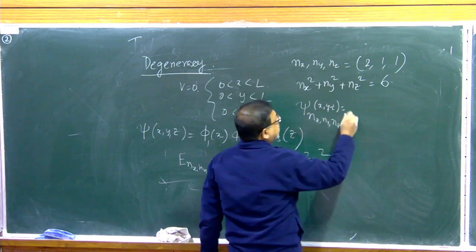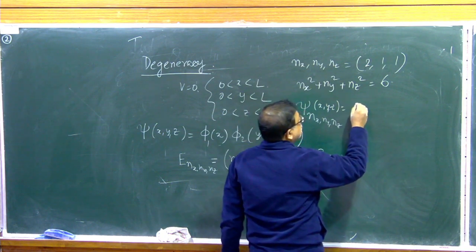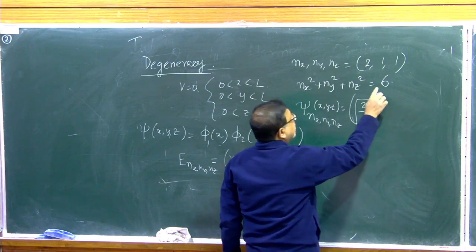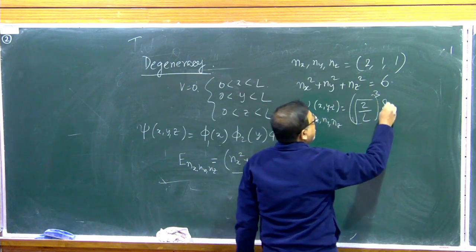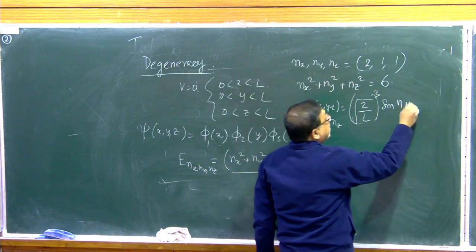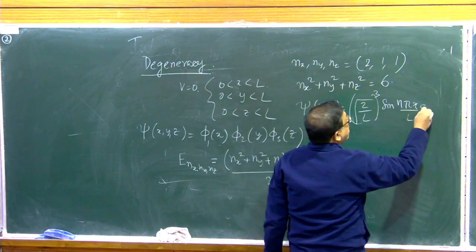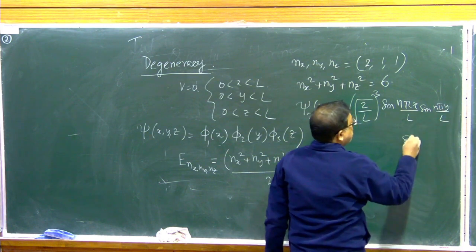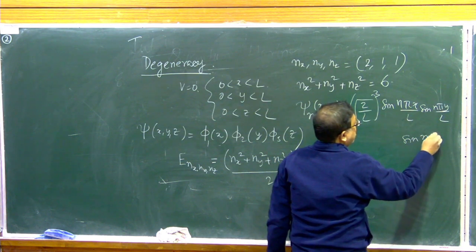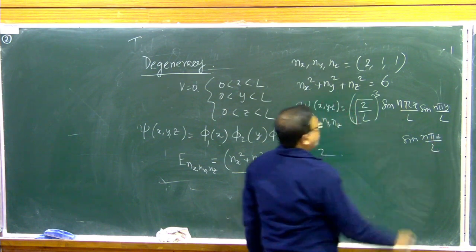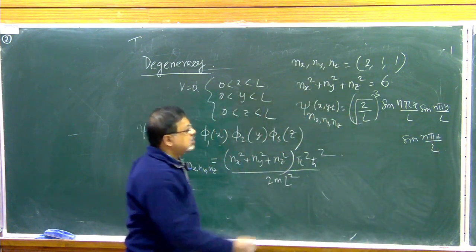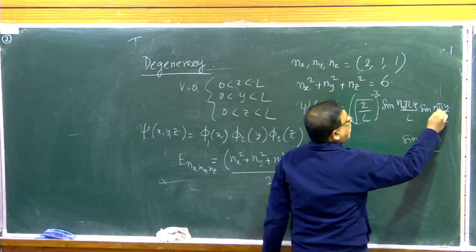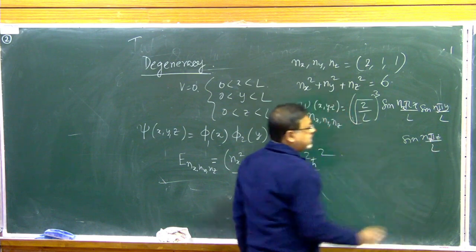If you remember, we have its sine solutions, so it's root over 2 by L, and now I cube it because there are 3 directions, times sine n pi x by L, sine n pi y by L, sine n pi z by L. Okay, so these are the things. So I'll put it as nx, ny and nz such that they are distinct.